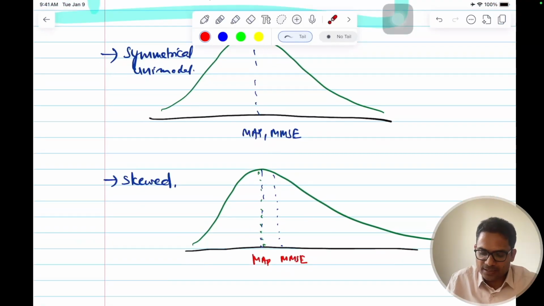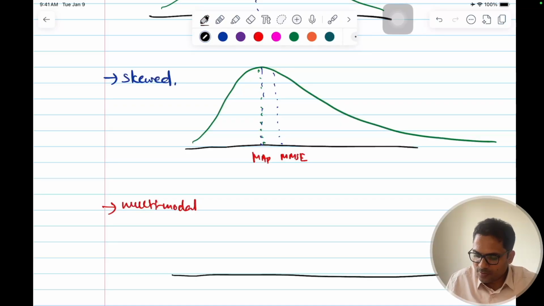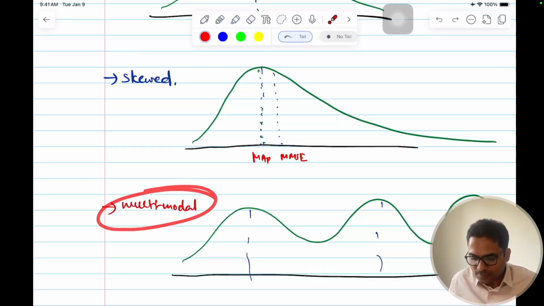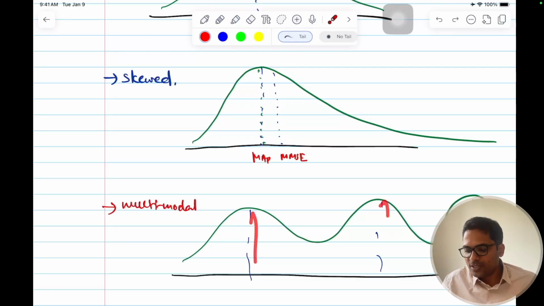And there can be cases when there is more than one mode. Multimodal means there is more than one mode in a distribution. This is not uniform also, and say something like this, so there are multiple peaks. So which peak? In this case your MMSE makes more sense, because there are multiple modes, so which mode to check.